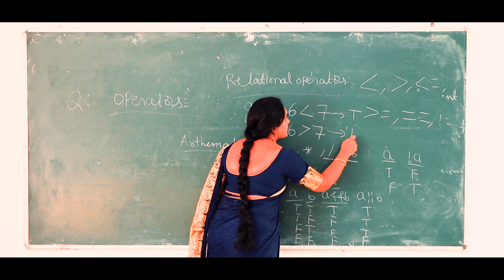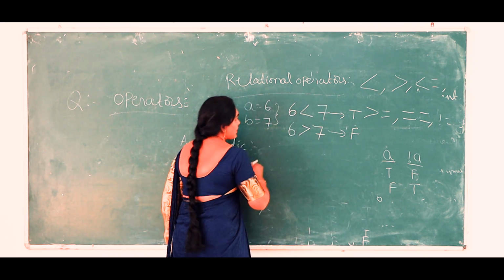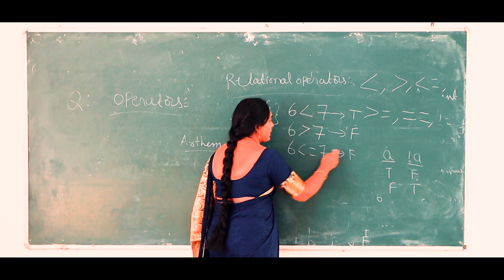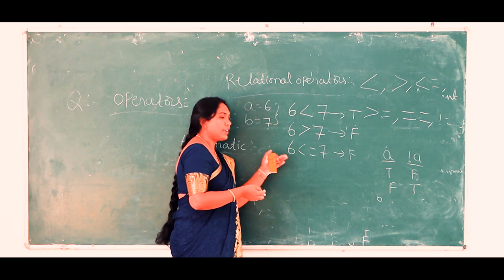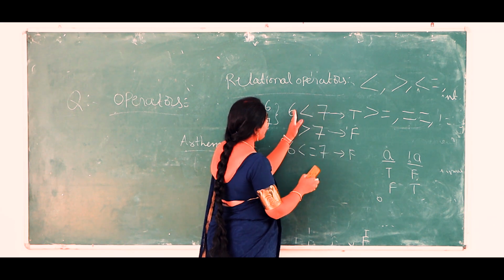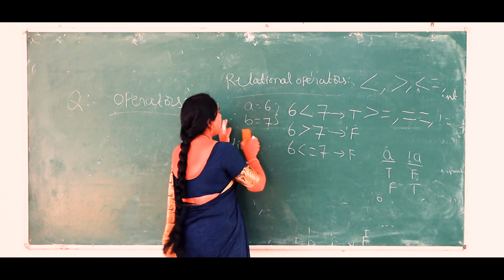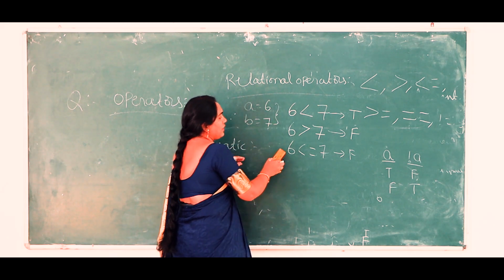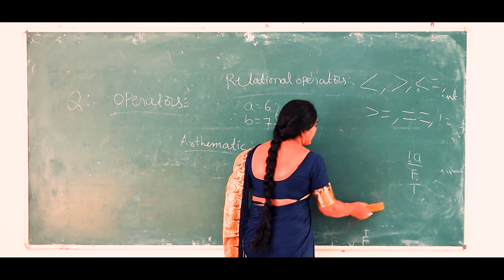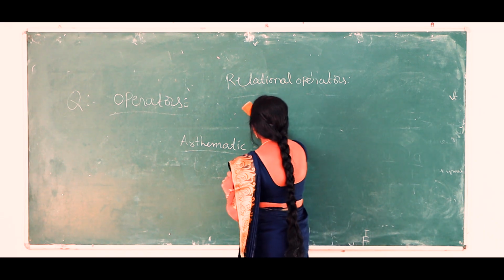Means it gives the answer false. The next one, 6 is less than or equal to 7. Sorry, this gives the answer true, because 6 is less than 7. We can apply these relational operators between these values. That time only we will get true or false. Those true or false values we can use in the logical operators.